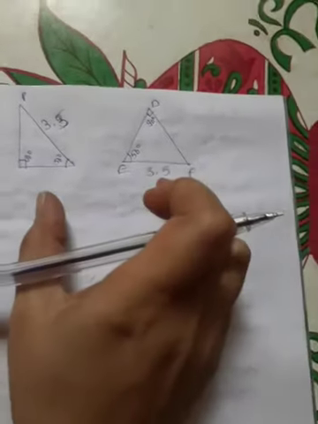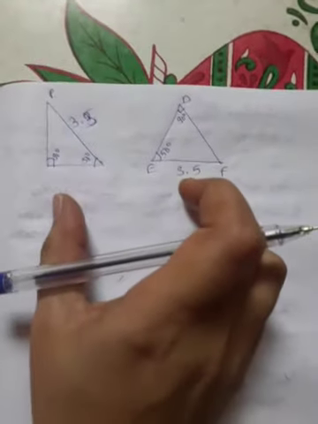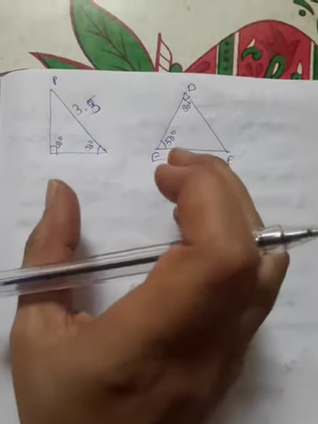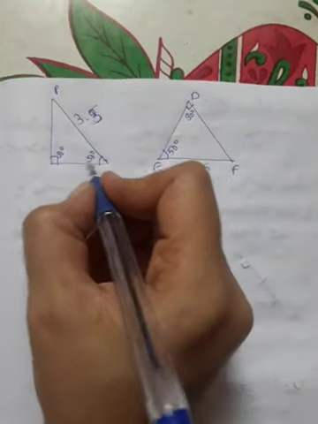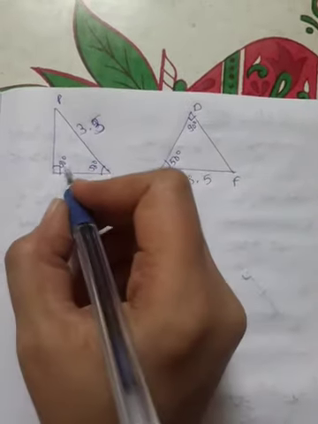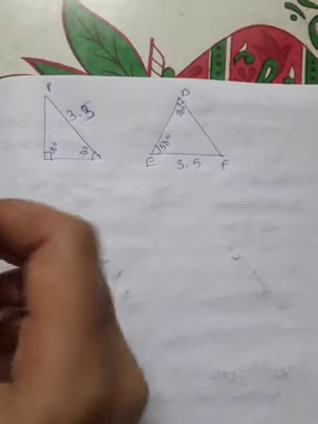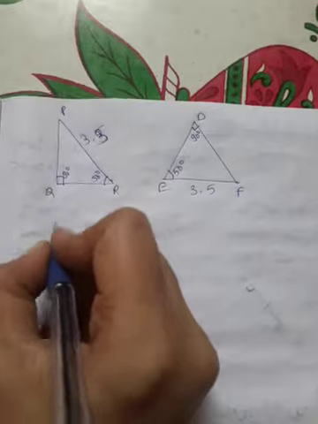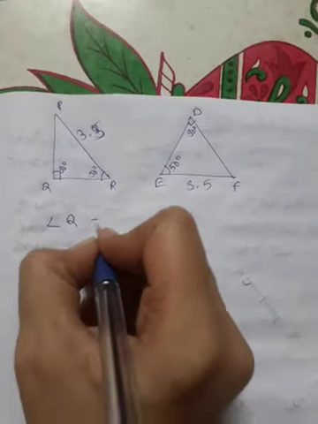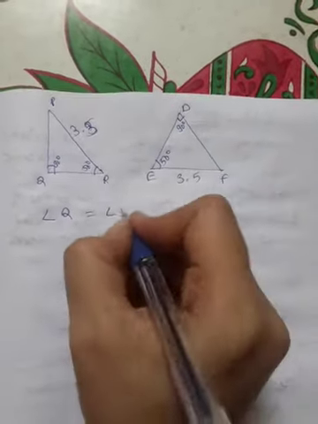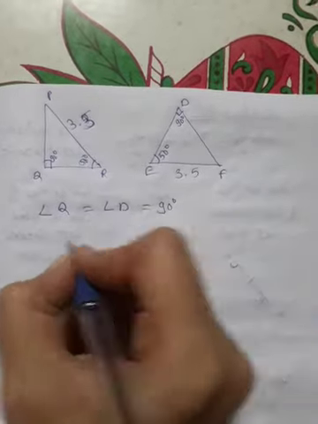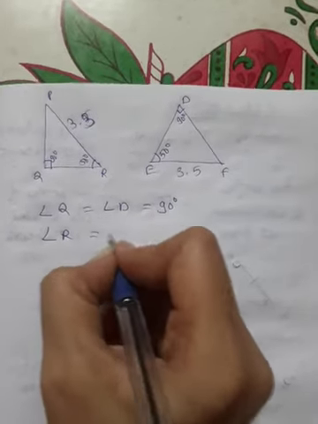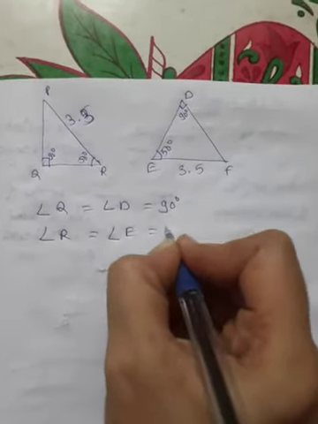Now see these two triangles. To apply the ASA test we must be given two equal angles. Here we have two equal angles, 50 degree and 50 degree, 90 degree and 90 degree. Angle Q is equal to angle D, 90 degree, and angle R is equal to angle E, 50 degree.